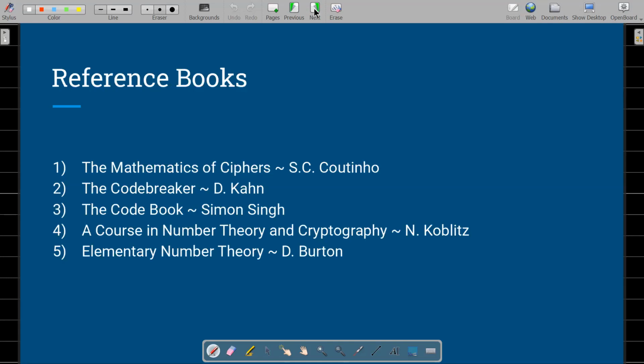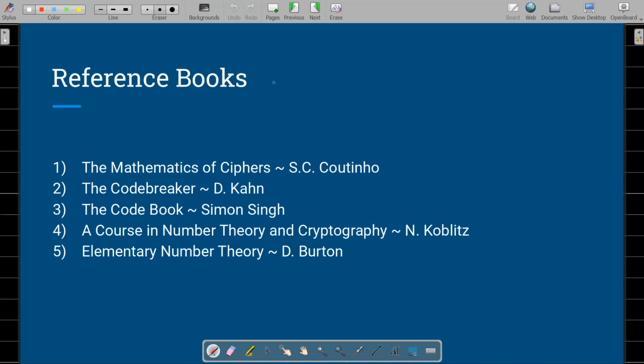So let me show, these are some reference books. If you find the subject interesting, you should read or know something more about it. Especially if you want the number theory aspect of cryptography, the Koblitz book is a nice book.